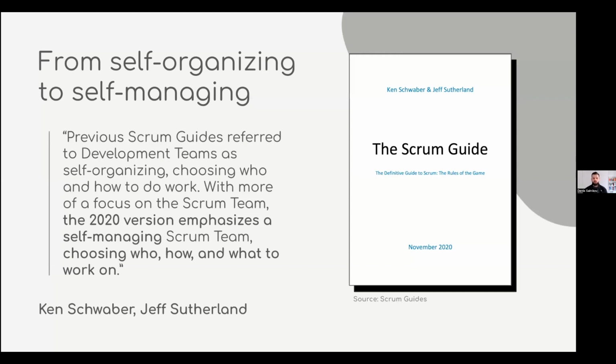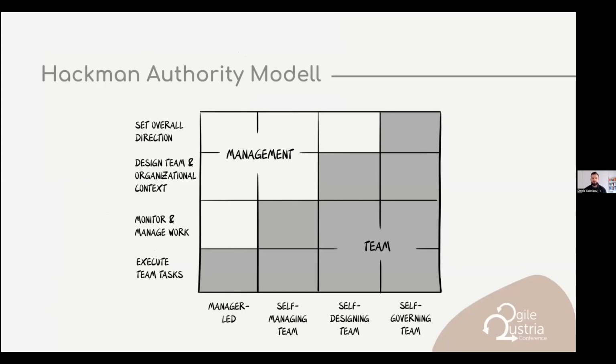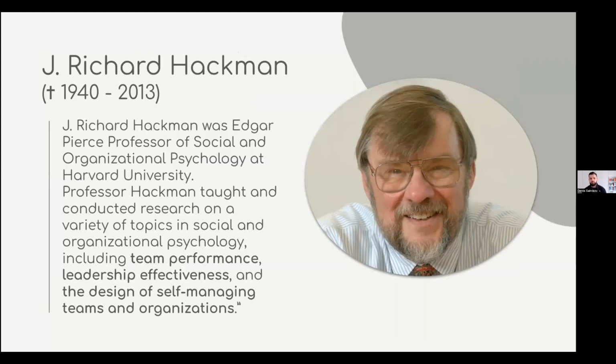For me personally, despite changing only one word, that was quite an important change, because it allows me to introduce the Hackman authority model, which you might have heard of. This is a creation of a wonderful person, Richard Hackman, who was a professor of social and organizational psychology at Harvard University.